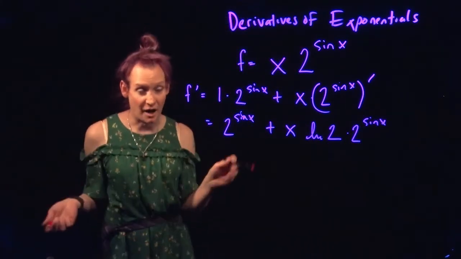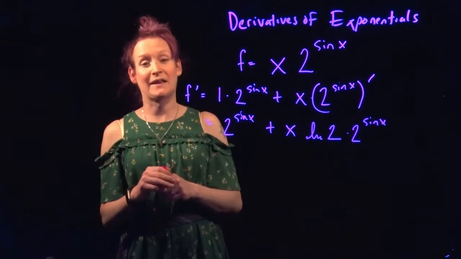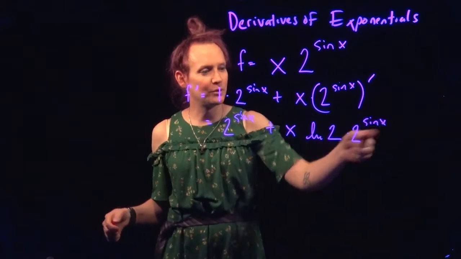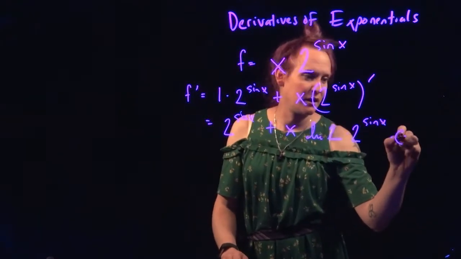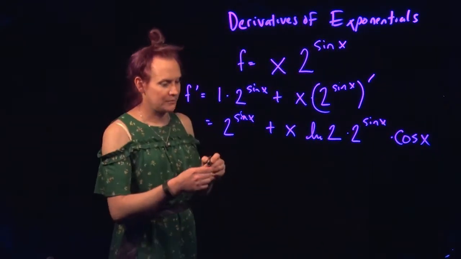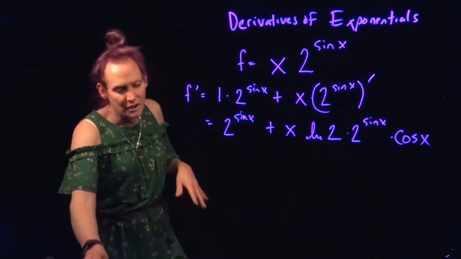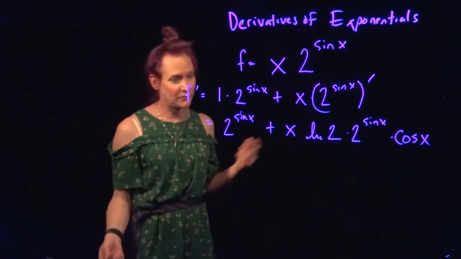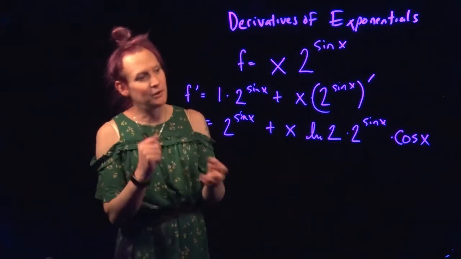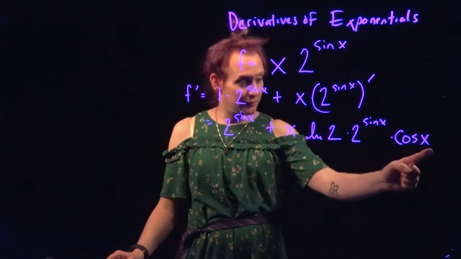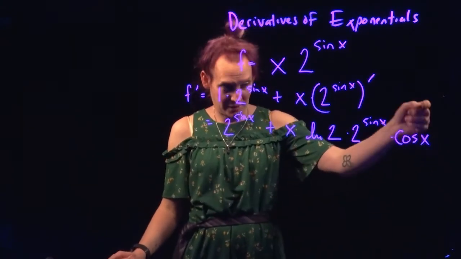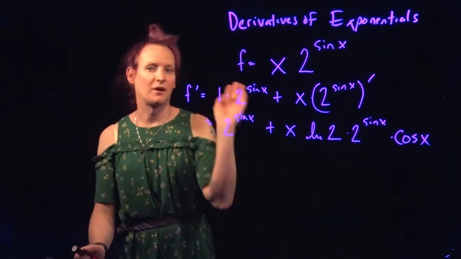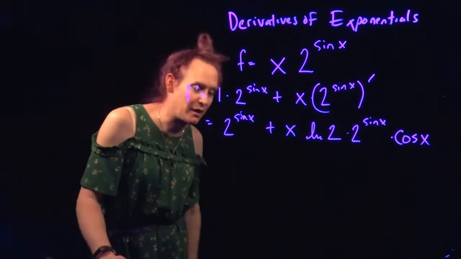And I'm not done because it wasn't 2 to the x, it's 2 to the sine of x. And so now we need to chain out the derivative of the sine of x, times cosine of x. Once you start pulling on that chain of functions, that composition of functions, you just have to keep pulling it until now I'm going to take the derivative of the inside of that thing, which was just x, but the derivative of x is just 1, and we don't bother writing it because it's just multiplying by 1.